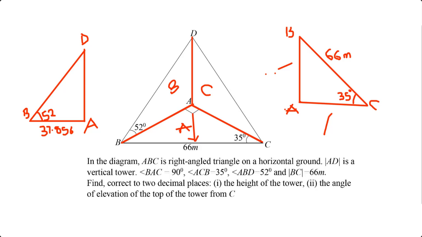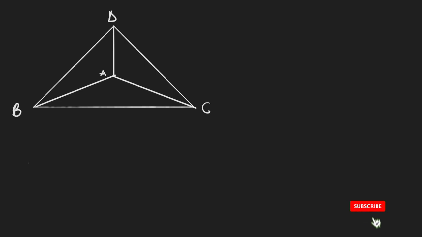The second says that we should calculate the angle of elevation of the top of the towers. Before doing that, let us write all the sides we've calculated so that we'll know what we have left. This side is 66 meters.